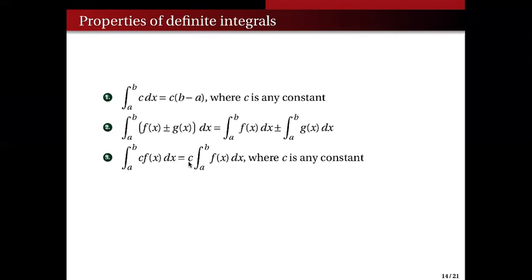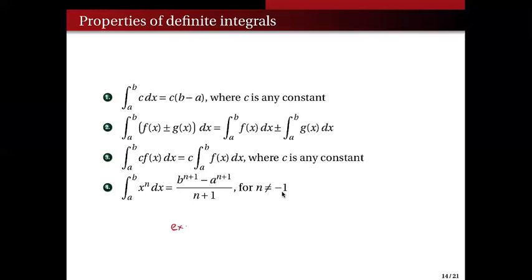Now, look at this. This is a technique that I'm going to add in here. You have the integral of x to the n dx from a to b. This will be equal to b raised to n plus 1 minus a raised to n plus 1, divided by n plus 1, provided your n is not equal to negative 1. Okay?